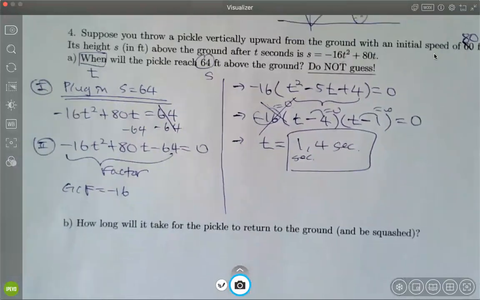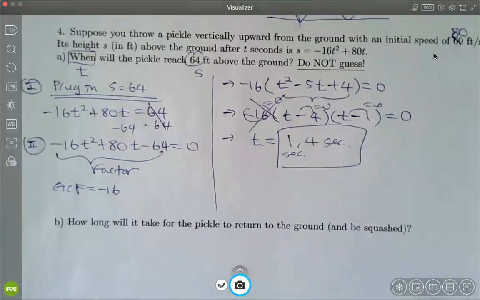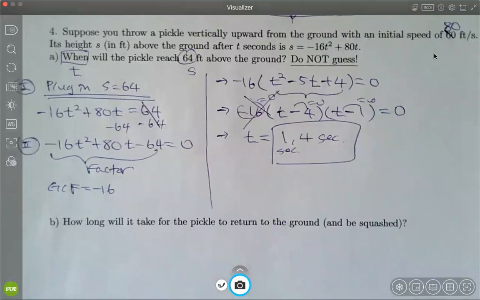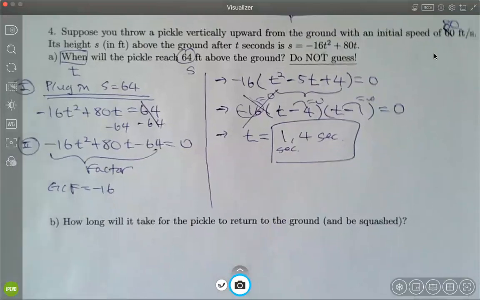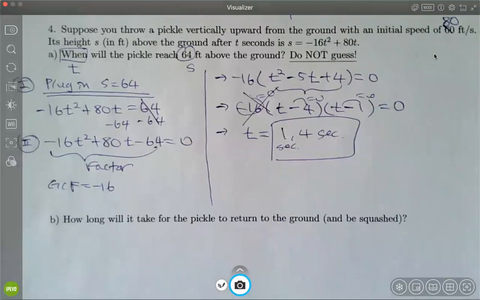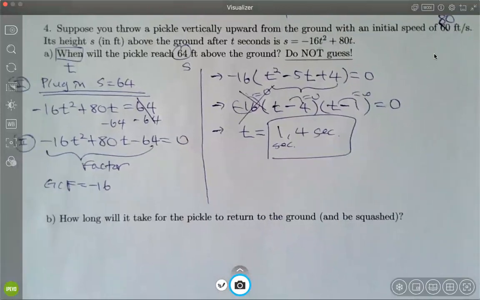Now, part B, how long will it take for the pickle to return to the ground? So here, what are we trying to solve for? S or T? We are trying to solve for T, right?